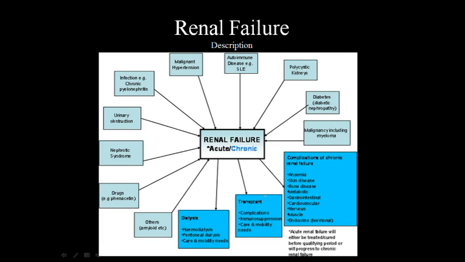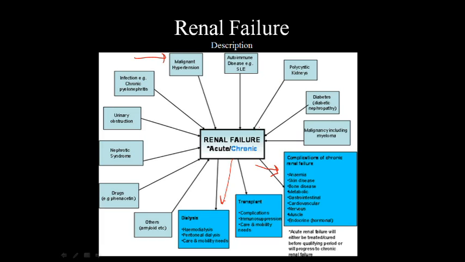Here are things that can cause acute or chronic renal failure. Notice your acute is all of these boxes, and your chronic renal failure is these.